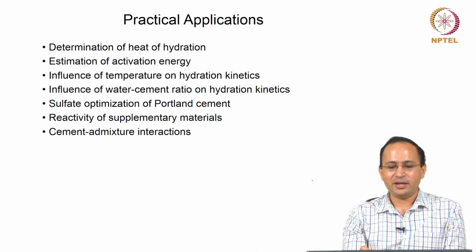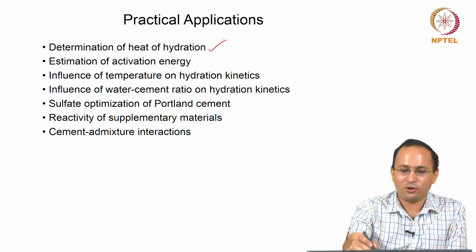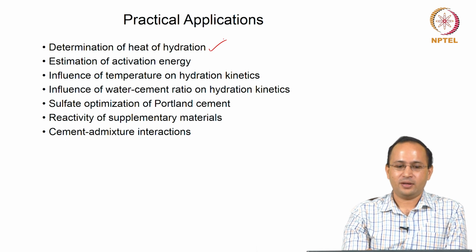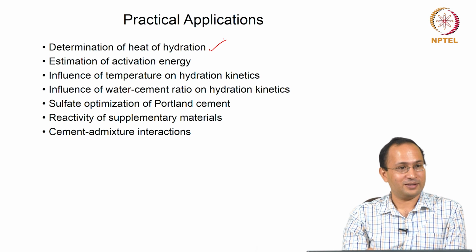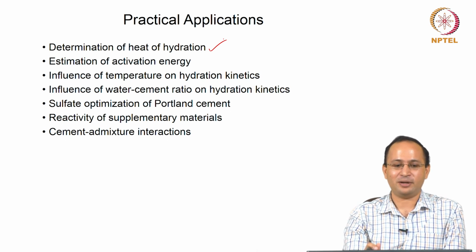So where can we use it? There are a lot of advantages. We can determine the heat of hydration of a reaction at different temperatures, because we can maintain the temperature, we can change the temperature.